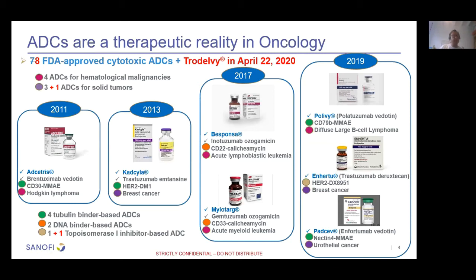I just want to highlight the fact that Mylotarg was initially launched in 2000. It was the first one, but was withdrawn and reapproved following a different schedule through dose fractionation.